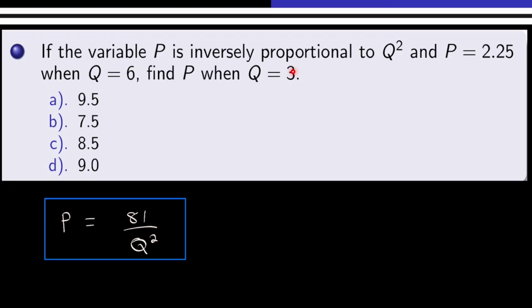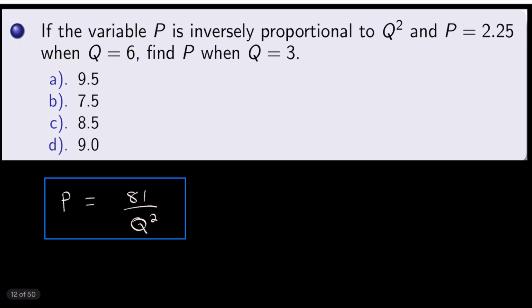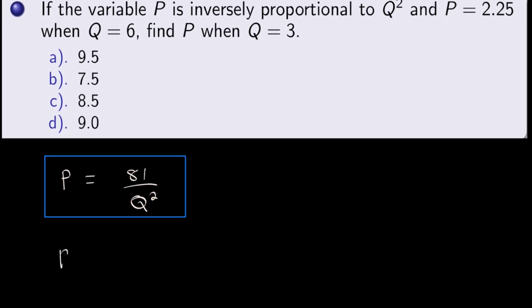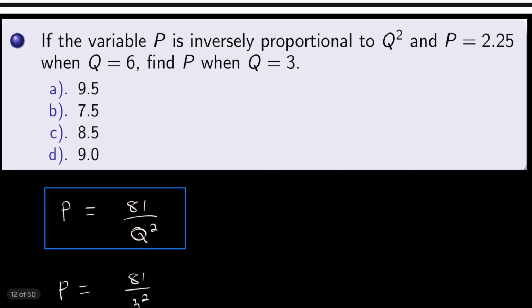So we just have to substitute 3 in place of q into this expression. Thus, we are going to have p is equal to 81 on 3 squared. And 3 squared is equal to 9, so that will be 81 on 9, which is equal to 9. And so the correct option is option D.